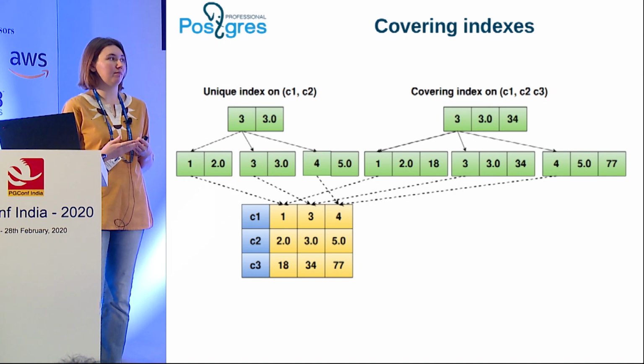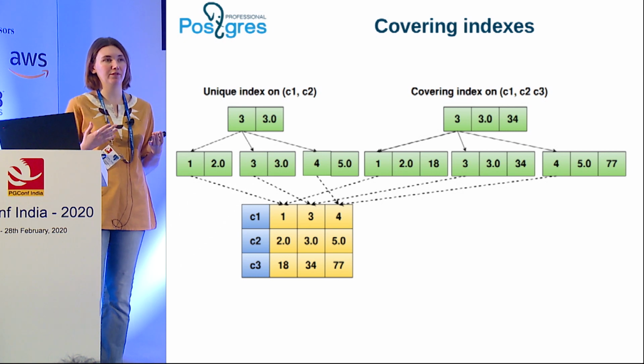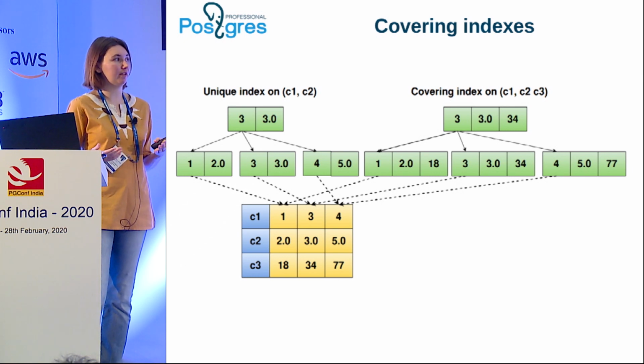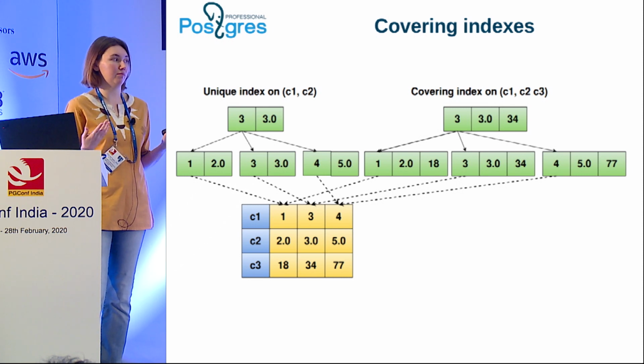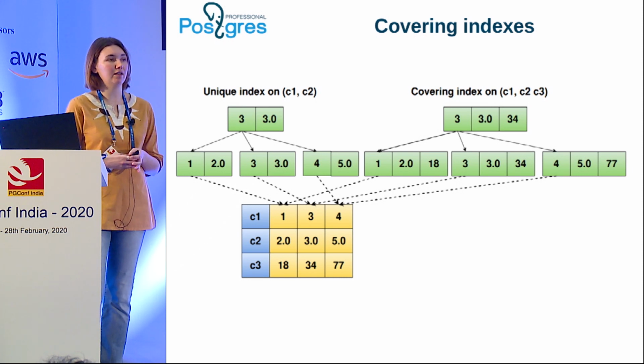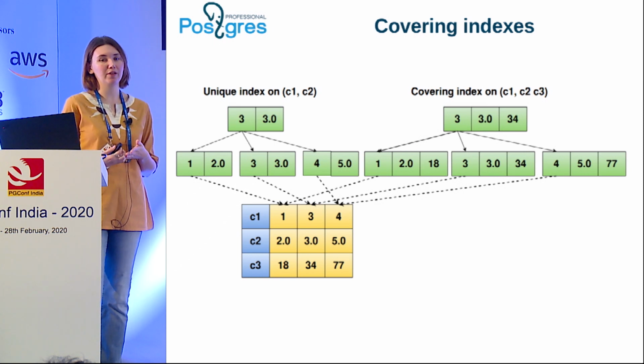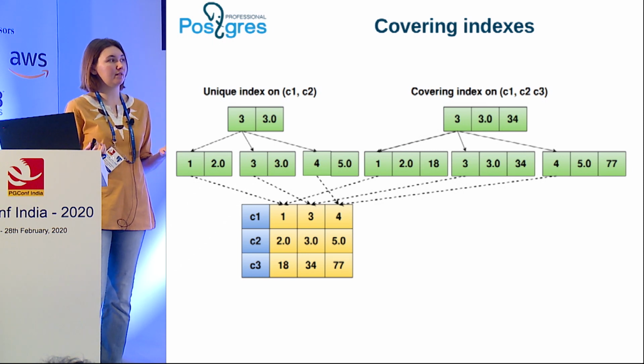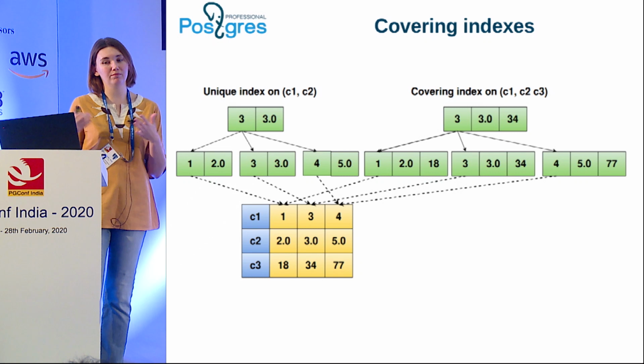So even if you haven't created this manually, it's already there. You have this unique index on, let's say, 2 columns. And let's say you want to use this covering index optimization to speed up your queries that access the C3 column. So you created a new covering index.